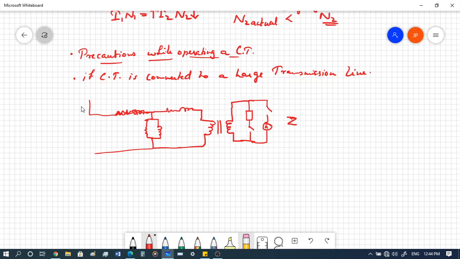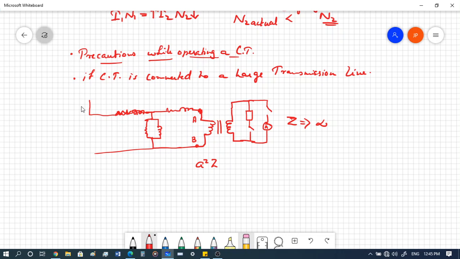If you make this infinite, which means you open circuit this side, then towards the primary side it will be reflected. Across AB it will be reflected as A square into Z, which is again very high because of the open circuit on the secondary side.